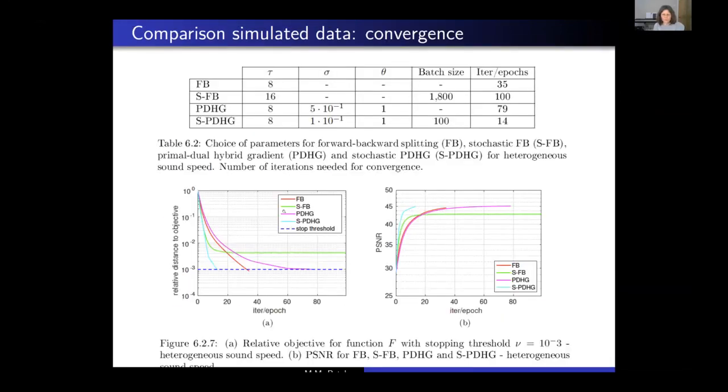Okay, this slide is a better visualization of what is going on.